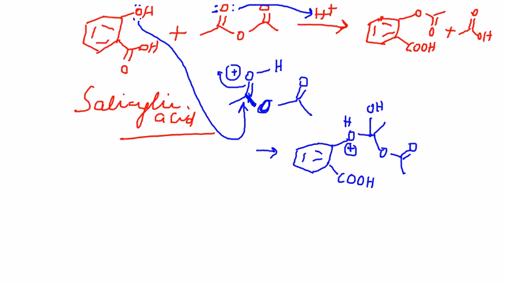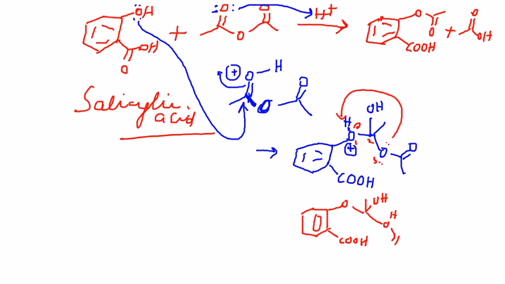And now a proton transfer is going to take place between position 1, 2, and 3. So this lone pair can pick up that proton, and you're going to get COOH, oxygen, oxygen with an OH, there is a methyl, and we have OH with a positive charge.